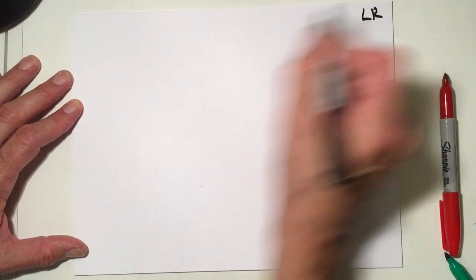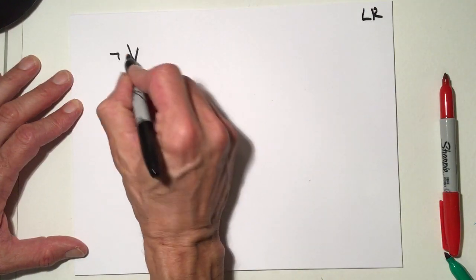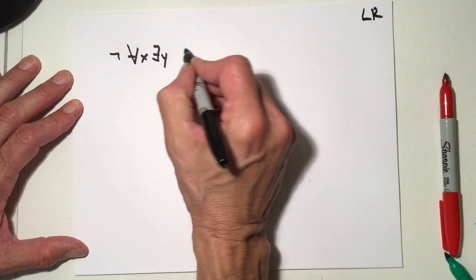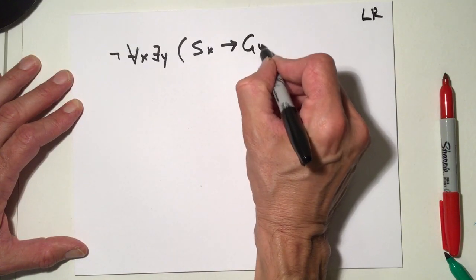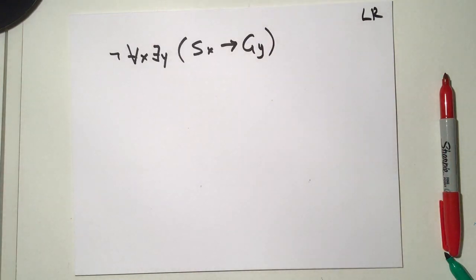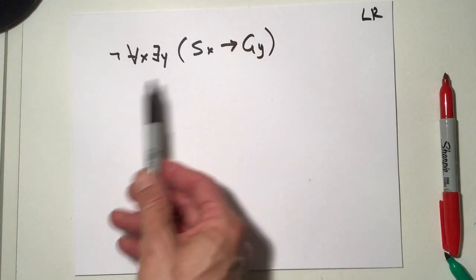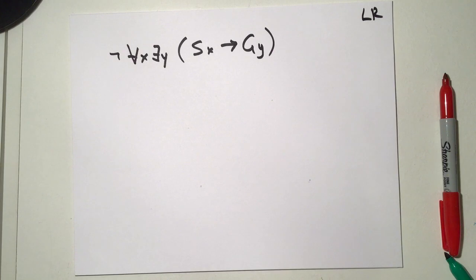Okay, so we're in LR, and maybe we've got something like this. It's not the case that for all x there is a y such that if x Sx, then gy. Now, I mentioned already in class, we're never going to have to deal with sentences like this, but just as an example, let's throw it out there and challenge ourselves to find the main logical operator.